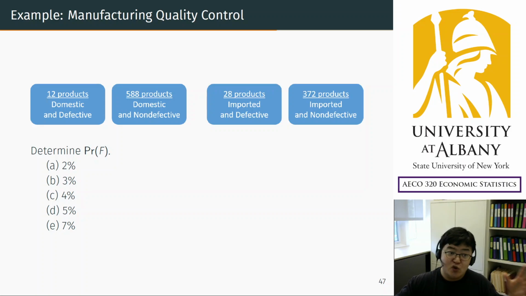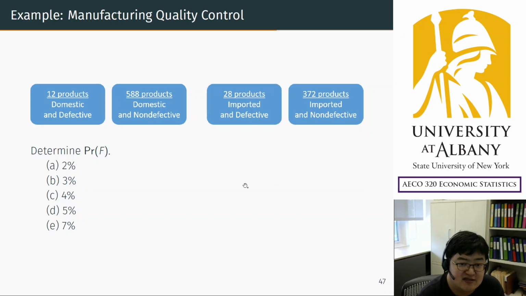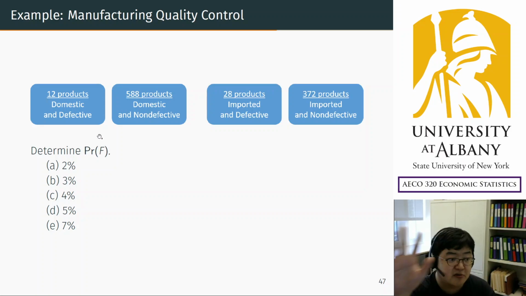So you have all the information you need. Now, try this. Based on those numbers, can you calculate the probability of defective batteries? What is the probability of defective batteries based on this imaginary experiment?